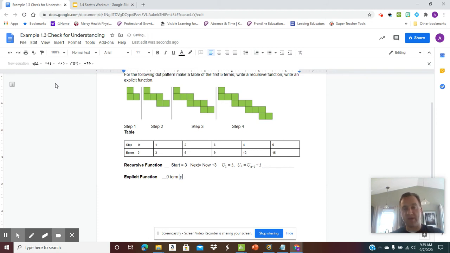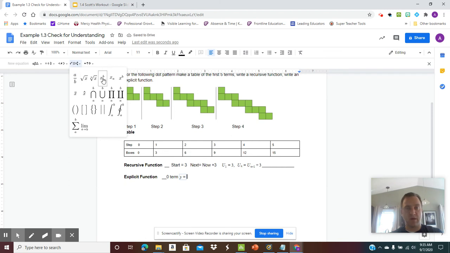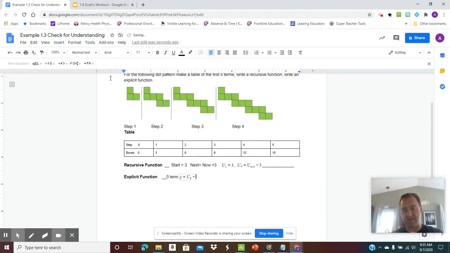And I'm going to put in the general equation, which is y equals u sub 0. So I got to arrow over to get that down, u sub 0, and then plus, and then remember shift plus. So you got to press that shift equals. A lot of you guys made that mistake where you had two equals.